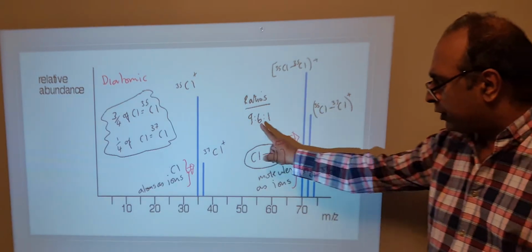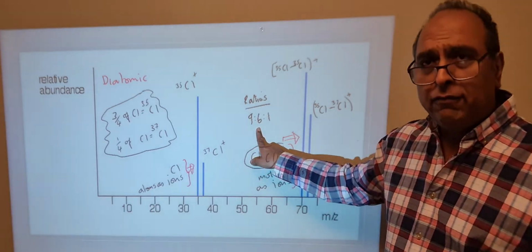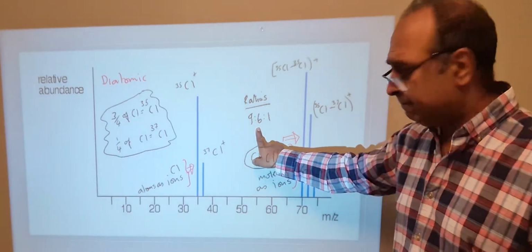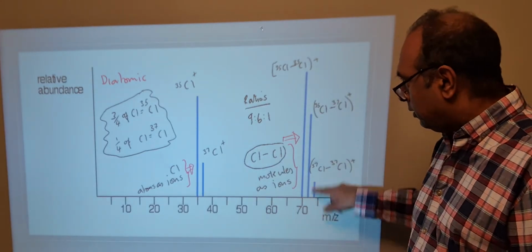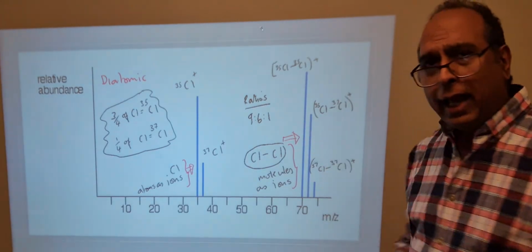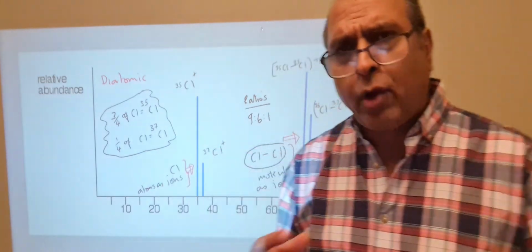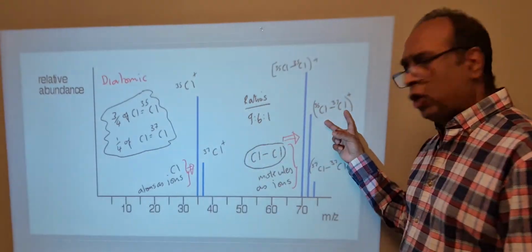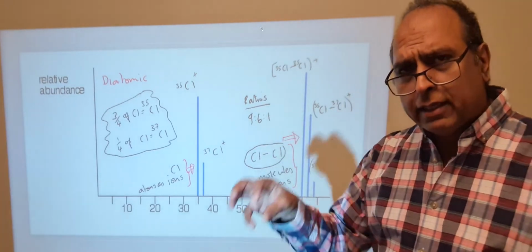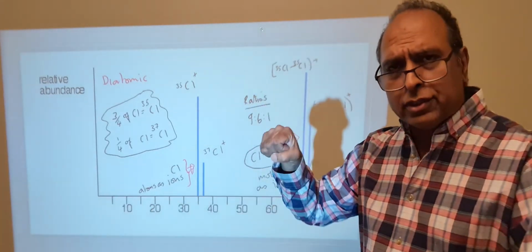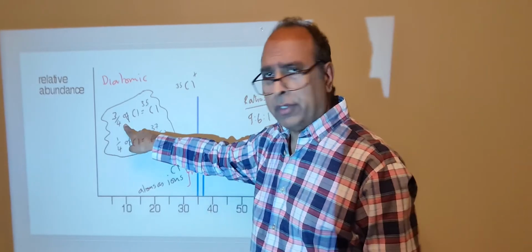What's even more interesting is the ratios. If you're into mathematics and probability, the ratios are 9 to 6 to 1, of that peak to that peak to that peak. And that's entirely down to the probability of chlorine joining together. Because the chance of getting at random a chlorine that's the lighter one is 3/4.